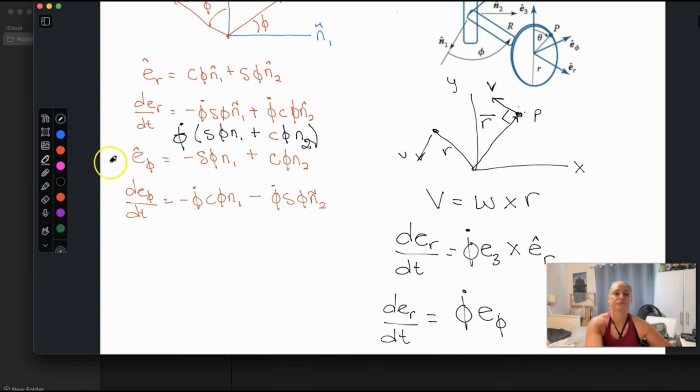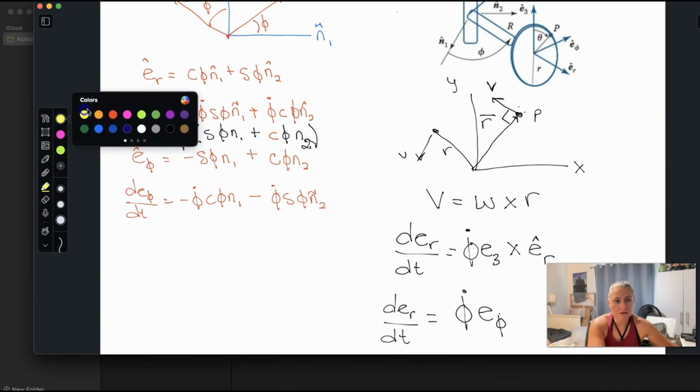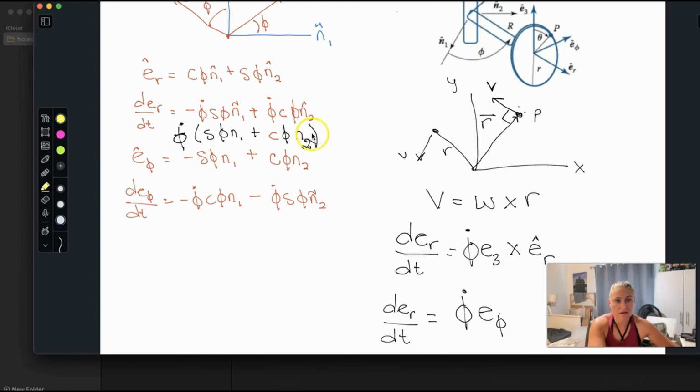So here we can make the connection that this here, and we have our negative in there, is the same thing as this.